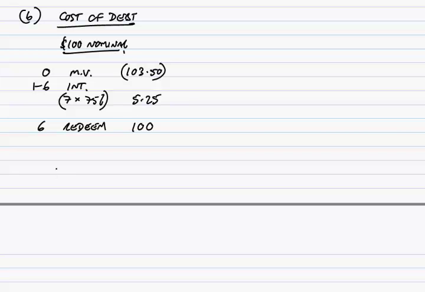Well, the cost of debt is the internal rate of return of those flows. And so, no quick way, we've got to do 2 guesses and approximate. When it's debt, I always start at 5%, so 5%. I've lost my tables. Hold on a minute, here we are. 6 years at 5%. The annuity factor is 5.076.